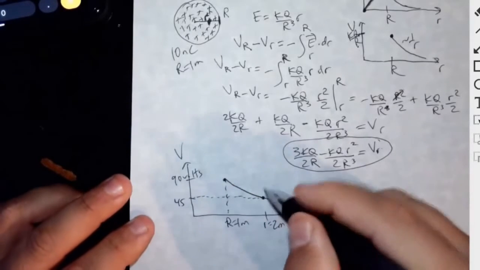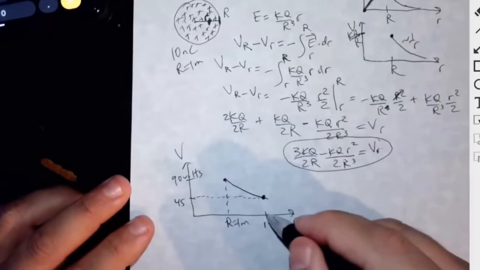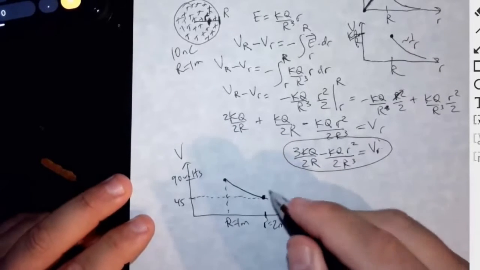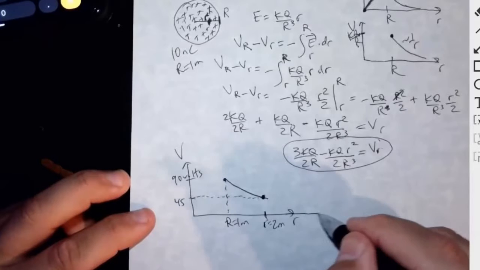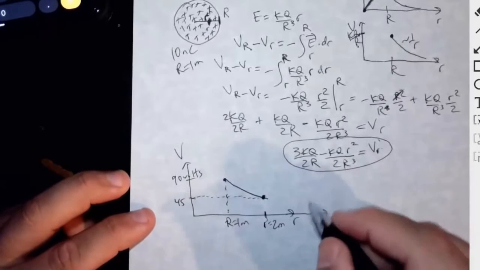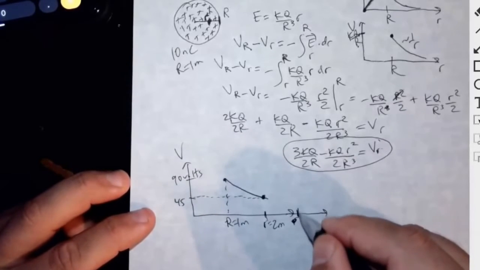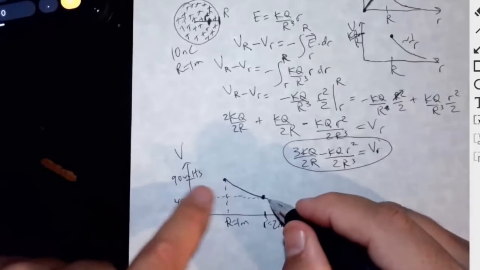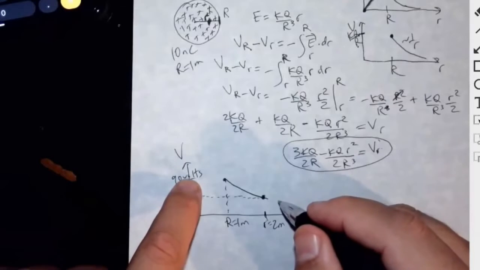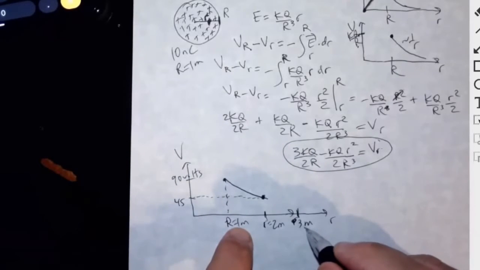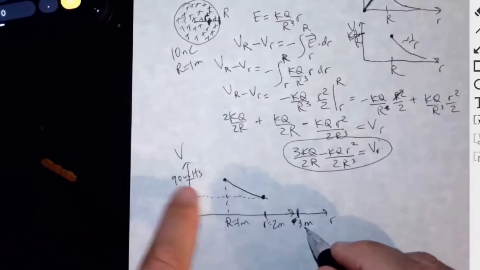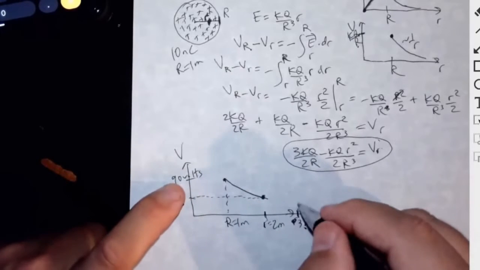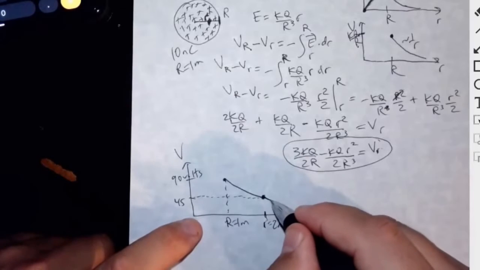So the voltage goes to 45 volts, and then r equals 3 meters. What happens? Then the voltage drops by 3-fold, if I'm 3 times the distance away from the center as the radius. So that's 30 volts.